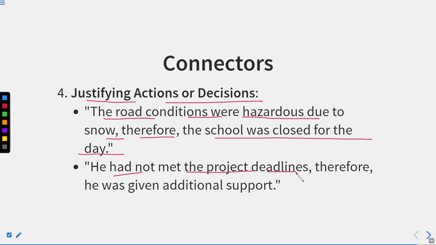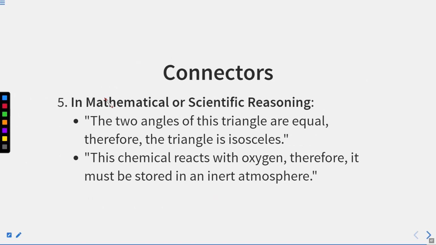He had not met the project deadlines, therefore he was given additional support. In mathematical or scientific reasoning: the two angles of this triangle are equal, therefore the triangle is isosceles. So this is the result or the conclusion that can be drawn from this information given. The chemical reacts with oxygen, therefore it must be stored in an inert atmosphere.